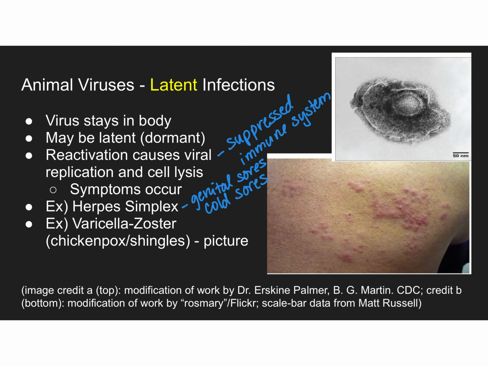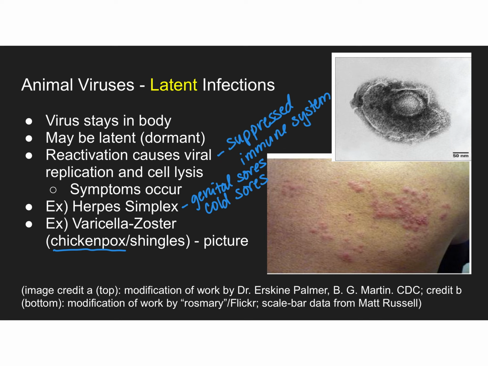And so these sores can develop, and then the immune system can suppress the virus and make them go away. But then if something else happens, a stressful event, or something happened with the immune system being suppressed, the sores can come back. Another example is the varicella zoster virus, and this is the virus that causes chickenpox.